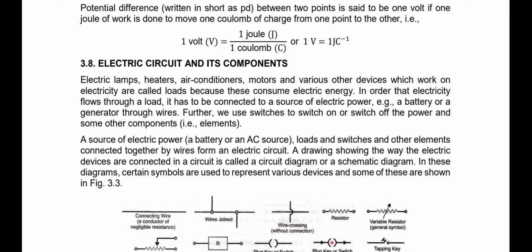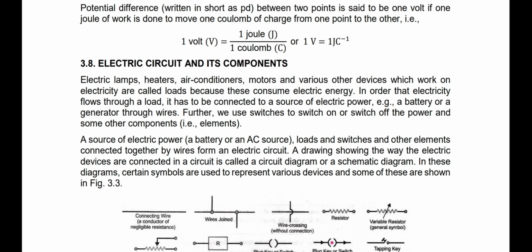In order that electricity flows through a load, it has to be connected to a source of electric power, for example, a battery or a generator, through wires.